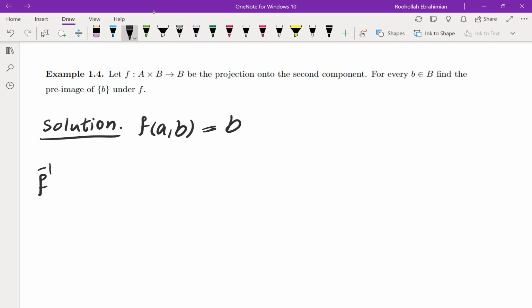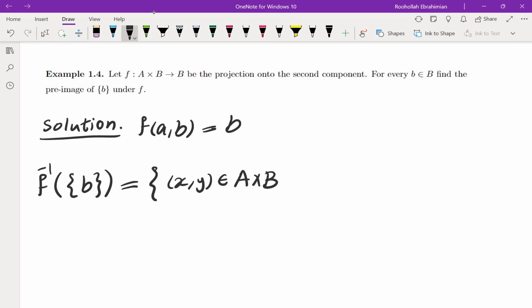So preimage, F inverse of {b}. So what is this? This is by definition the set of all elements (x, y) in the domain A cross B such that if I apply F to those elements, I get an element in {b}.